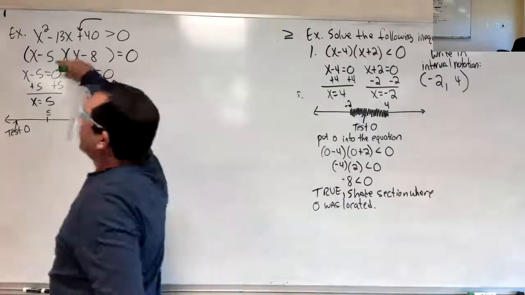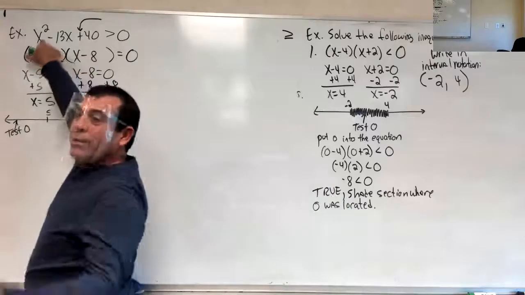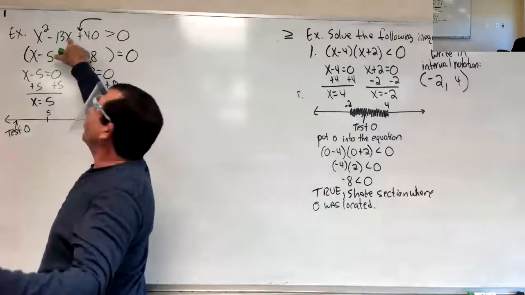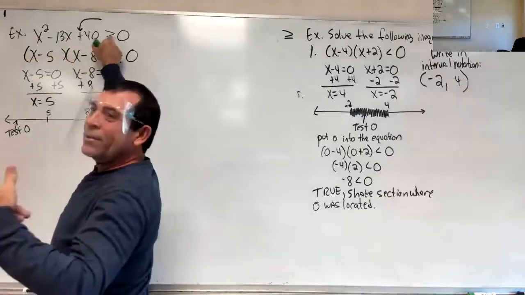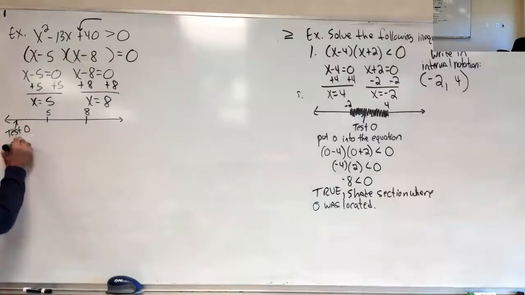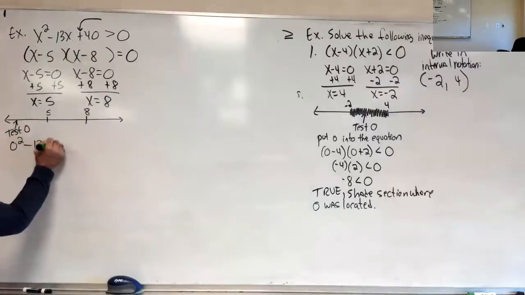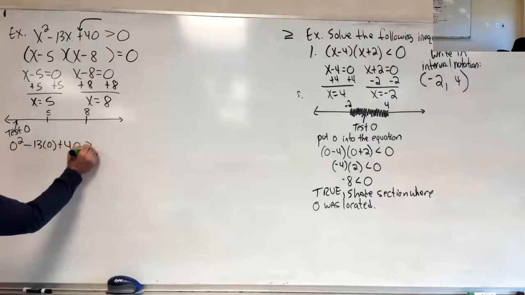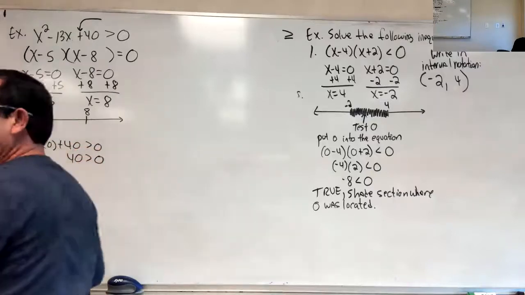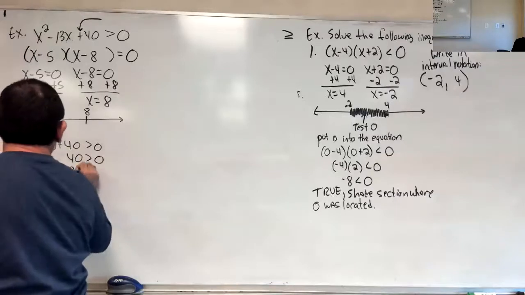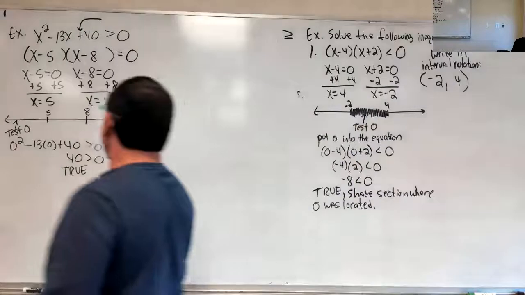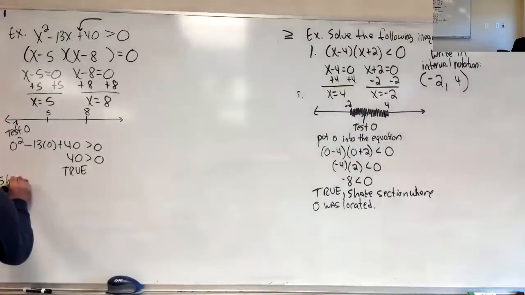Now, the reason I like zeros is 0 squared is a 0. 0 times anything is a 0. So the question is 40 greater than 0, true or false? You said that was definitely true. So since it's true, I'm going to shade where 0 is located.